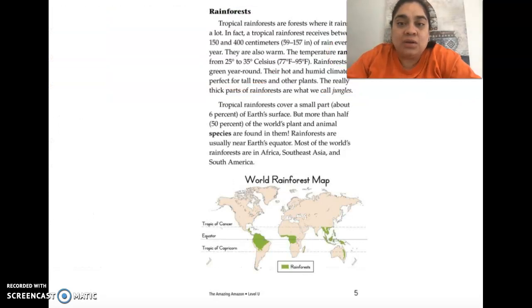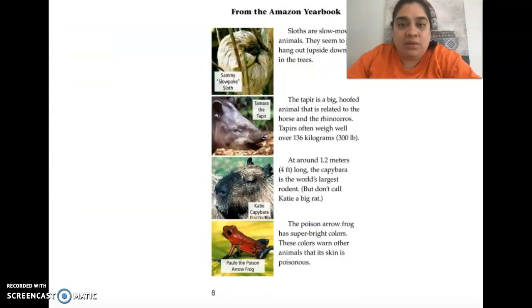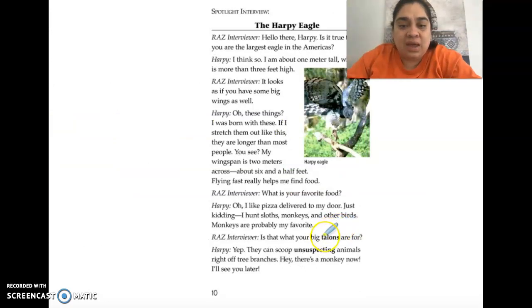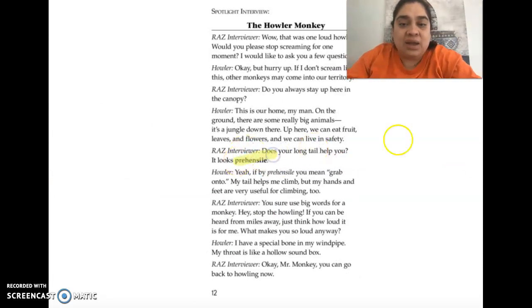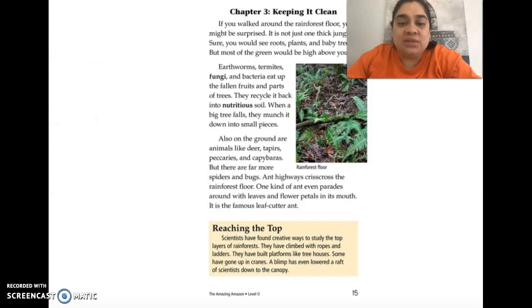Let's go back to the beginning and review the vocabulary words. We have ranges, talons, unsuspecting, epiphytes, territories, prehensile. As we keep going, we still see that there's a lot of photographs.